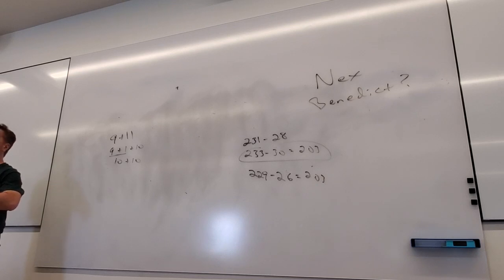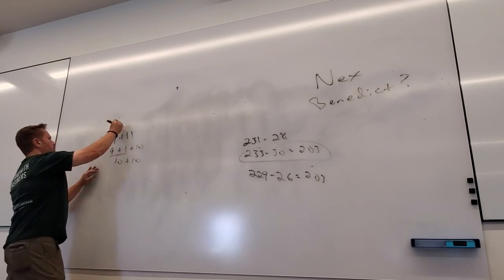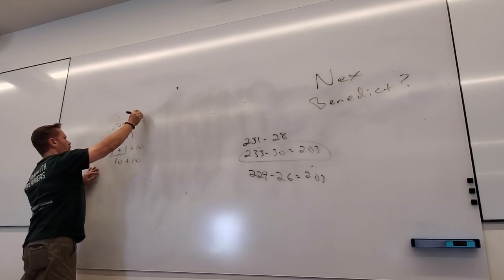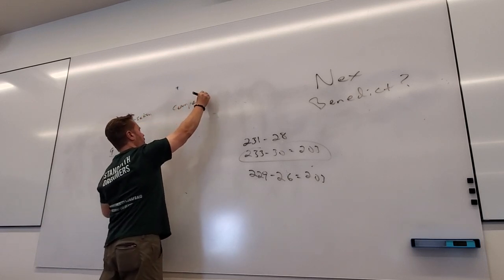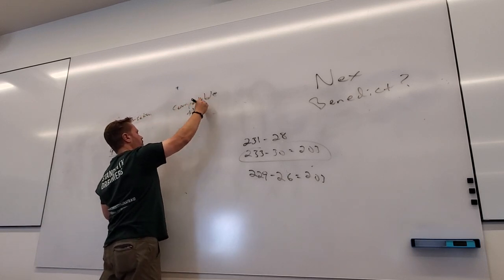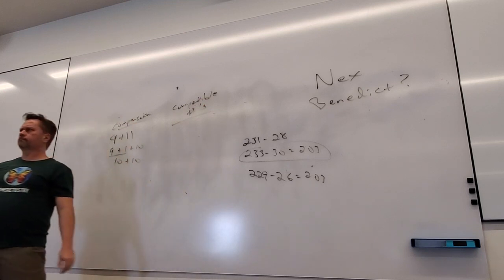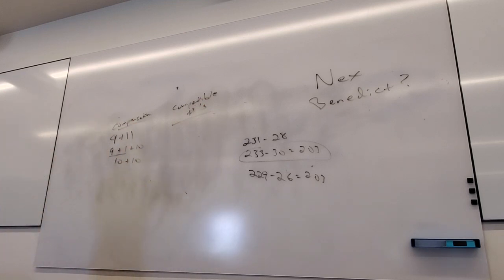What about compatible numbers? If I have a string of numbers to add, what do I look for?